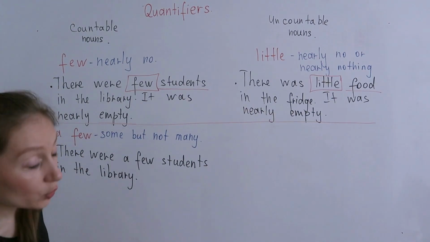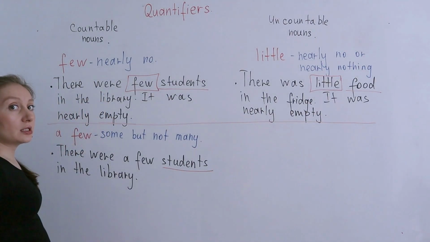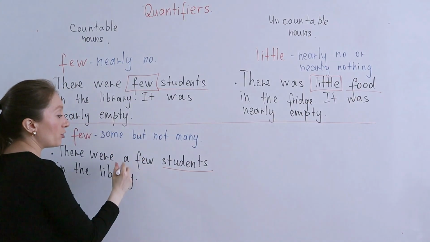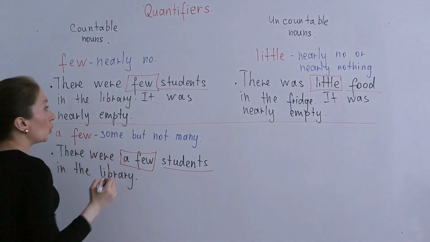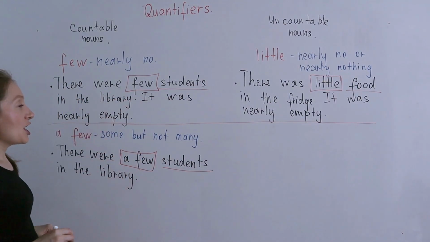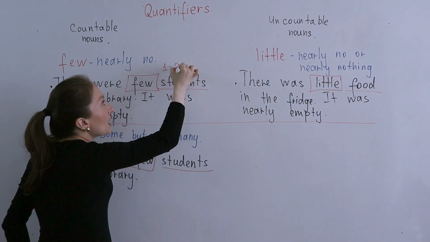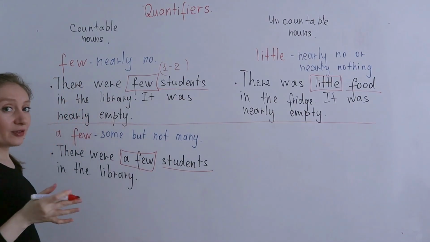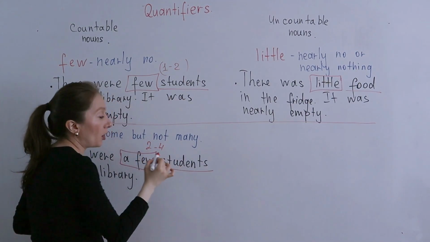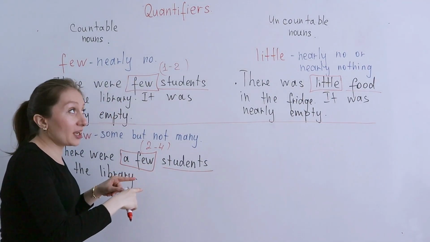So again, we have the same countable noun, student, students. That's why we use few, a few. What is the difference between few students and a few students? Few students, maybe one, maybe two. A few students, I don't know, maybe 2 or 4. So you have more here, all right?